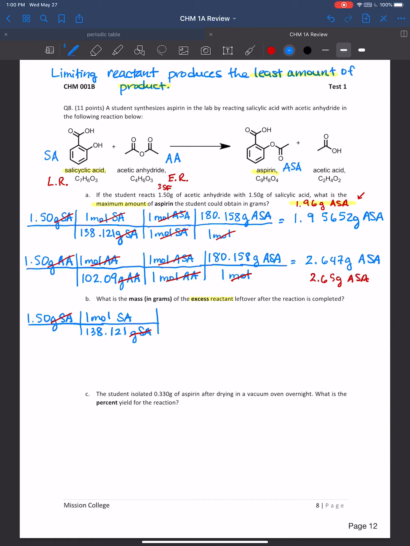And now we want to convert to moles of acetic anhydride because we want to figure out how much acetic anhydride needs to react with our salicylic acid. And so 1 mole of acetic anhydride for every 1 mole of salicylic acid. And then we need to convert that to grams.